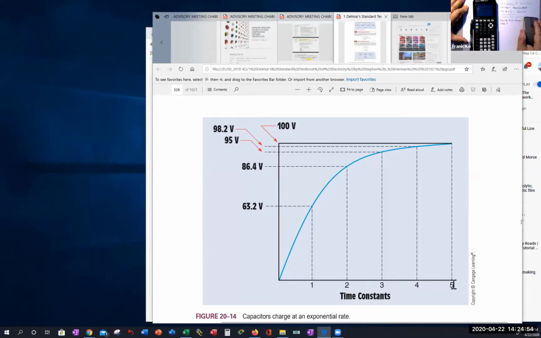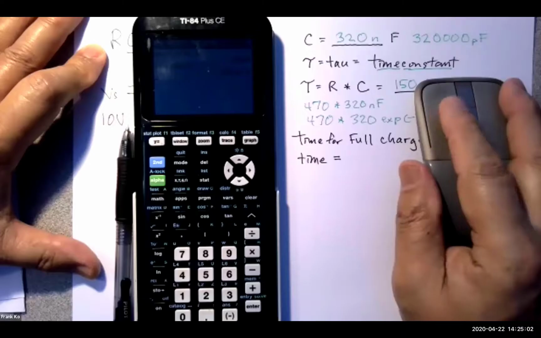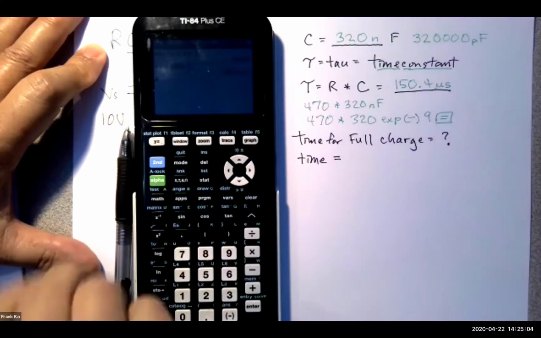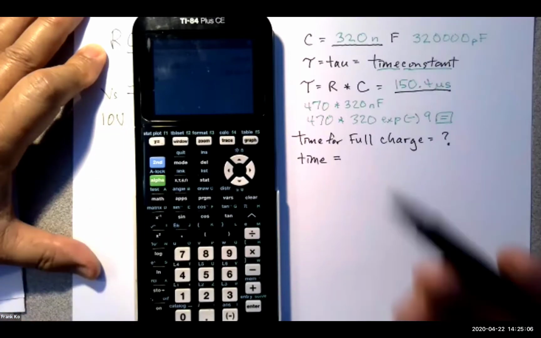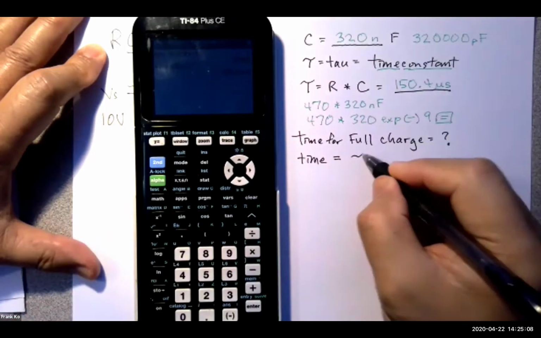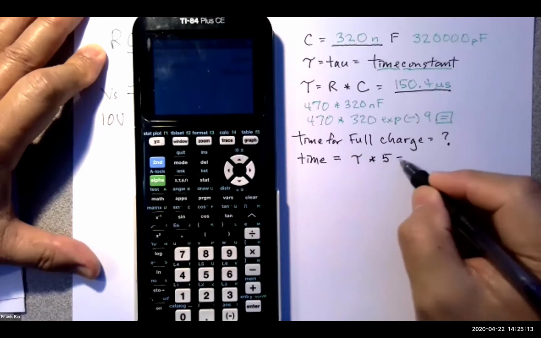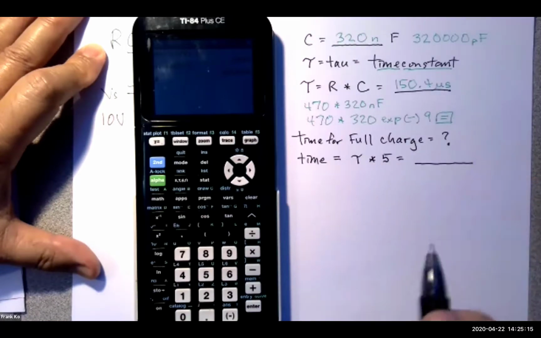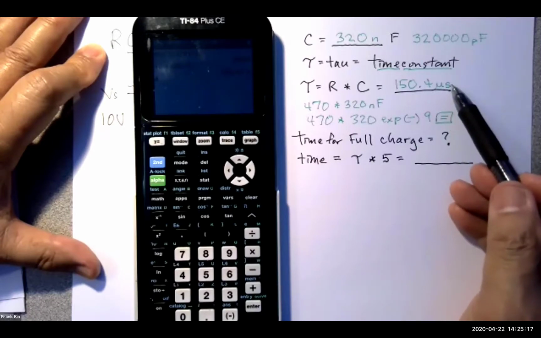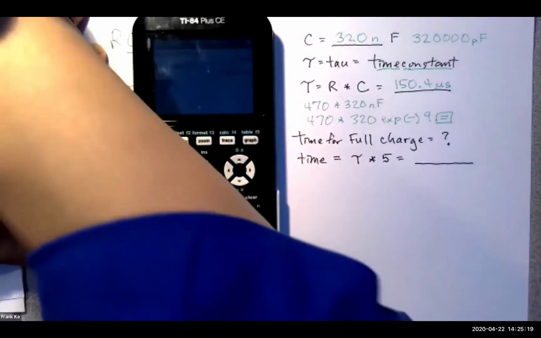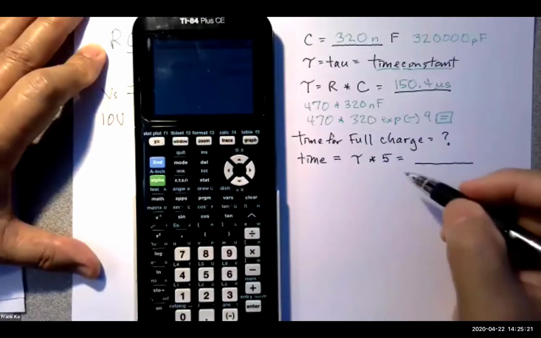How many tau to reach full charge? 5 time constants. So the time for full charge will be equal to tau times 5.